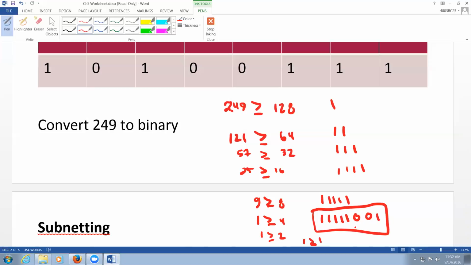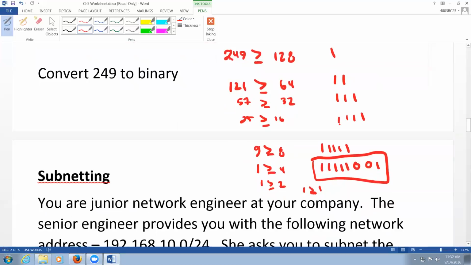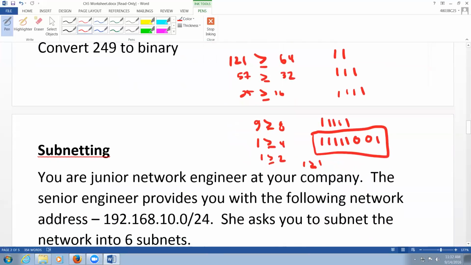All right, so let's talk about subnetting. And now your brains are going to just fry. Okay? So does anybody remember, if I see a 192 address, what class of address is that? Class C, right?